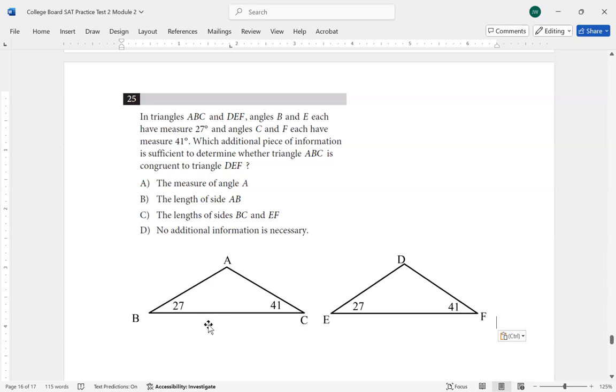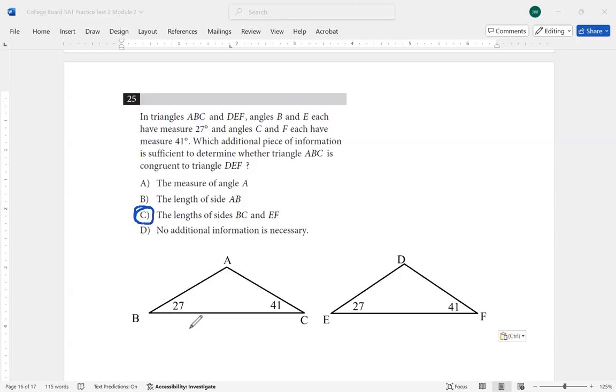So in other words, if I know the lengths of side BC and EF, then I will know if the triangles measure the same in every category. So if AB is equal to DE and if AC is equal to DF. So we only need to know the side lengths of corresponding sides to know whether these two triangles are congruent or not. And that's option C.